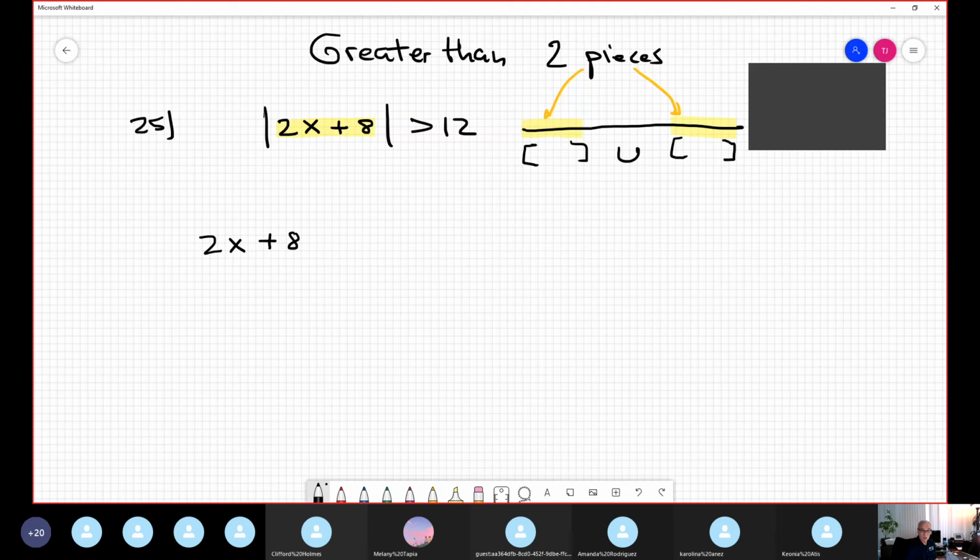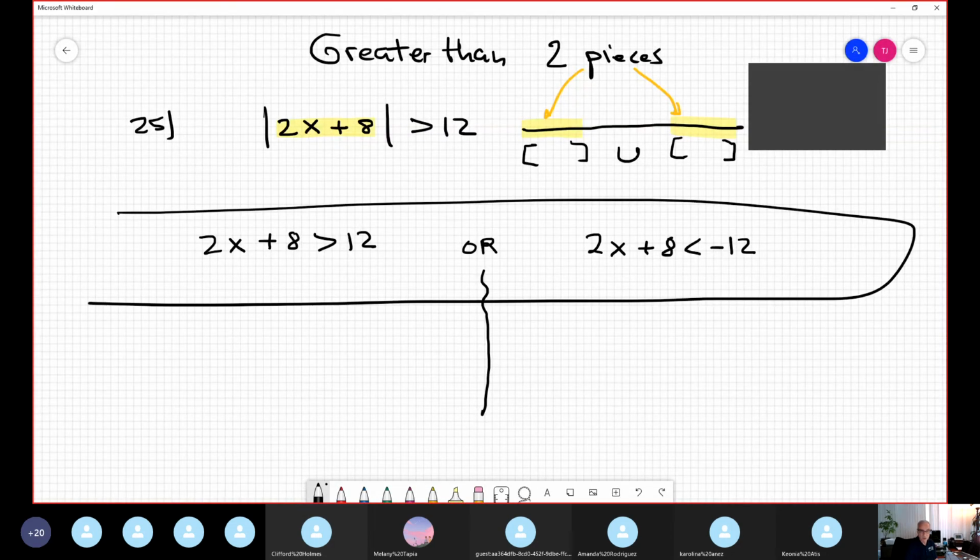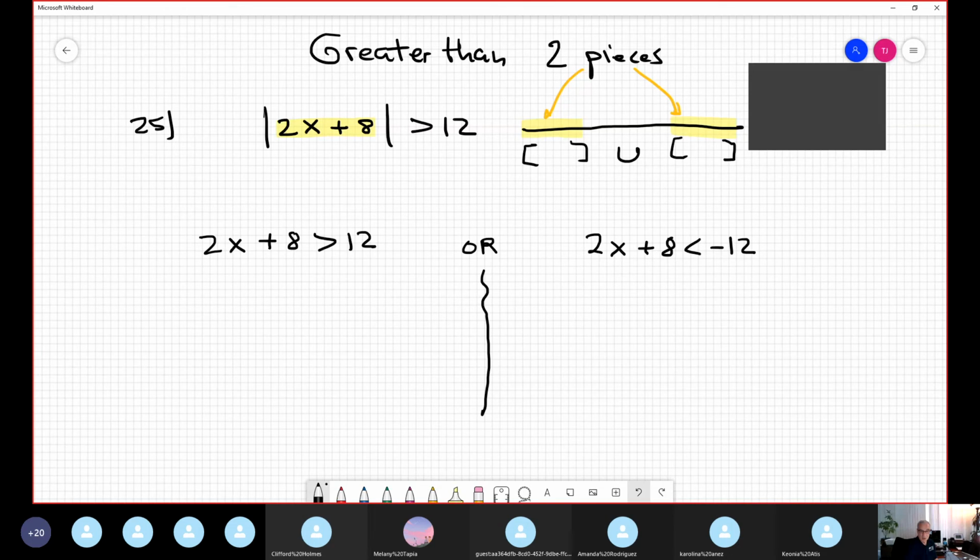You copy it two times because it's two pieces. This one is greater than 12, exactly the same as if you remove the bar, but this one is different, less than negative 12. We connect them by OR, because this is a new compound inequality equivalent to the equation that involves absolute value.